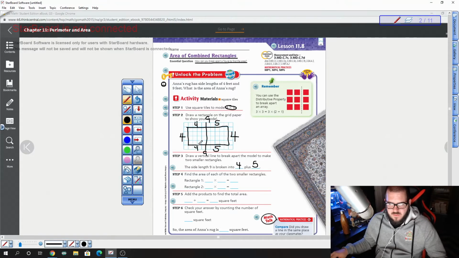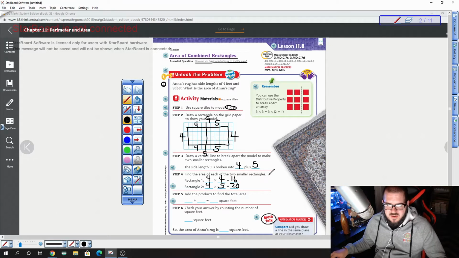So it is 4 and 4. We're going to do 4 times 4. And our other shape is 4 times 5. Multiplying those out, 4 times 4 is 16, and 4 times 5 is 20.